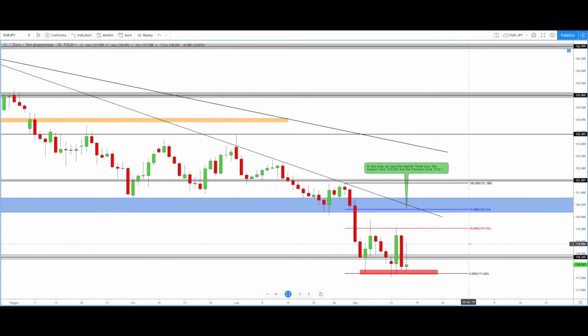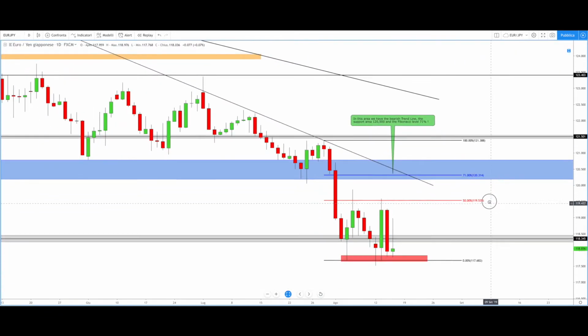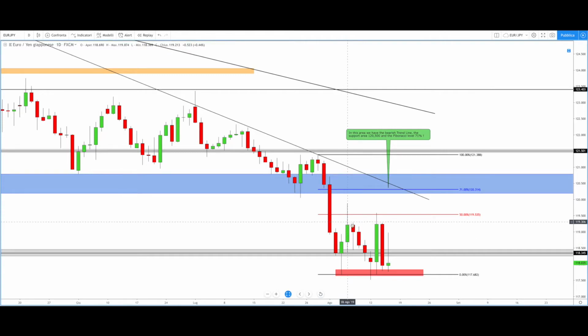This week the price opened with a big bearish gap below this massive support here, 118.35, and after this huge bearish gap the price started to form bullish and bearish signals.